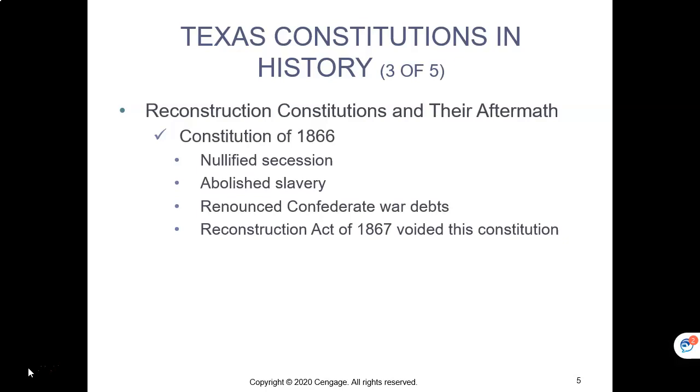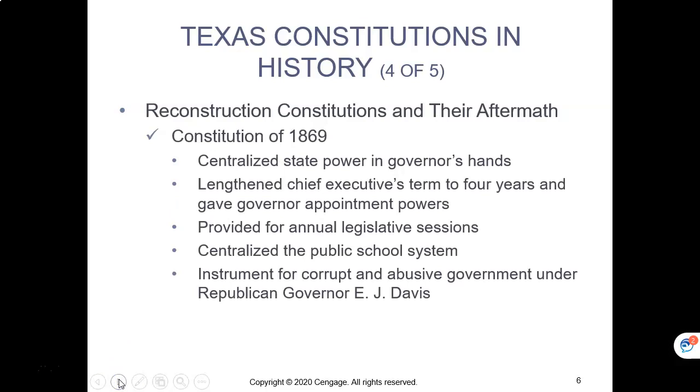Texas was not admitted back into the Union until 1870. After they drafted this Constitution basically under duress, because they were just kind of in this no man's land, the Constitution of 1869 was one that was not very popular.